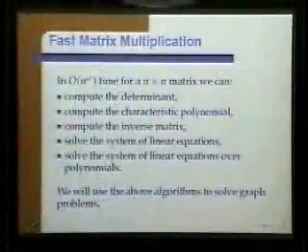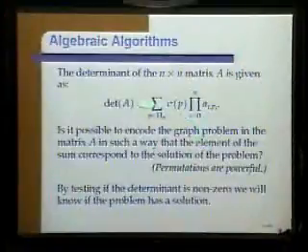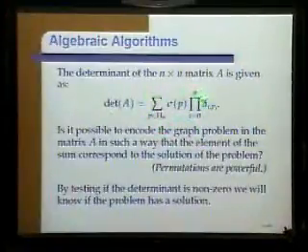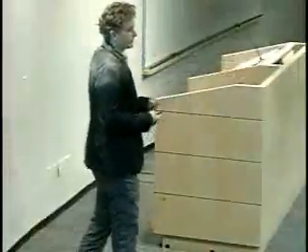And what we'll be aiming at today is using these algorithms to solve some graph problems. The basic idea is that the determinant of a matrix is a sum over all permutations of the product taken along the permutation. So the determinant will be just a sum over all possible permutations.